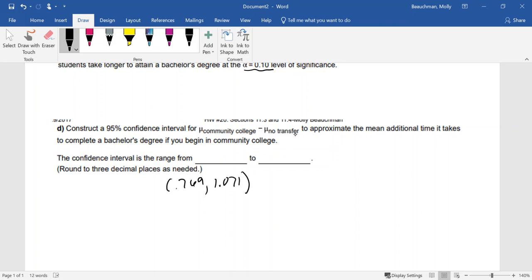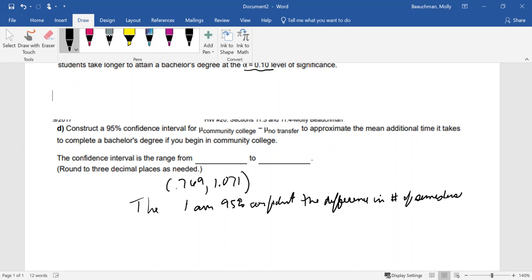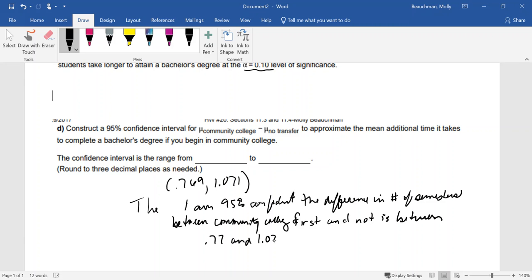The confidence interval ranges. That means that I am 95% confident the difference in number of semesters between community college first and not is between 0.77 and 1.07 semesters.